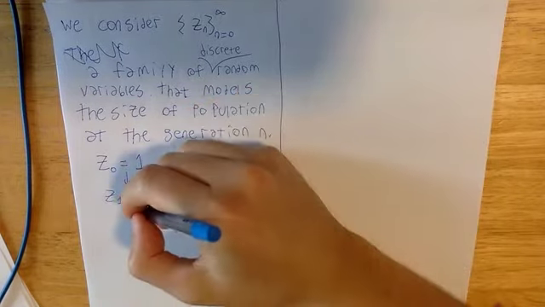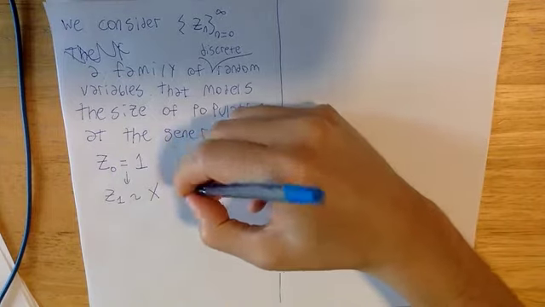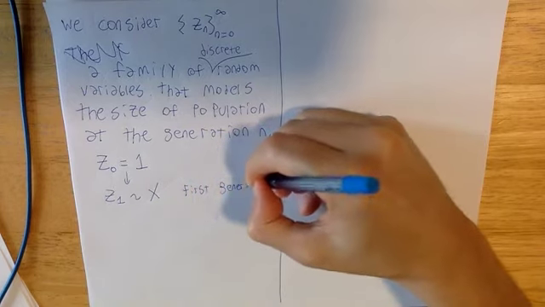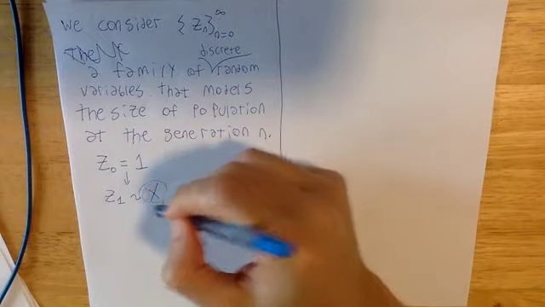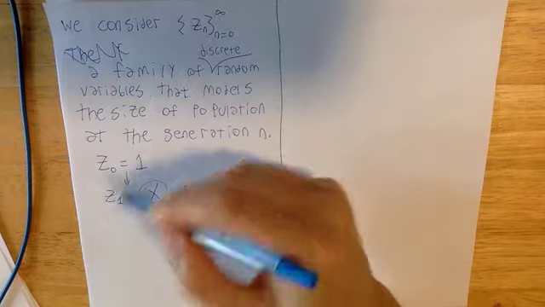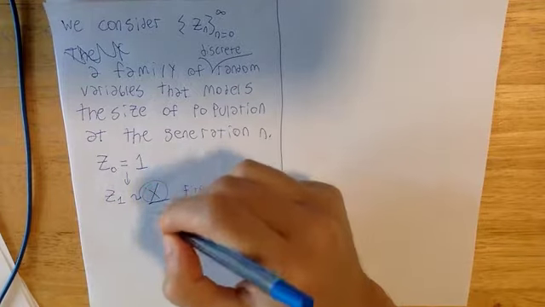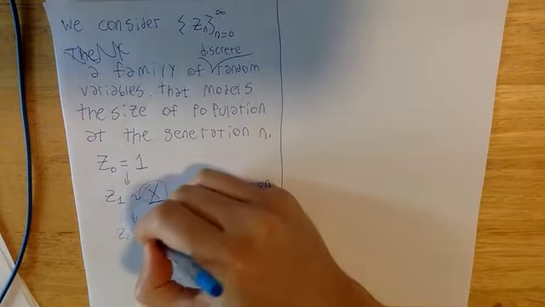Okay, and then Z2, so this is the first generation, and then here now you have X children, where X is a random thing, and so now you can start thinking, okay, how many children can this have? Well, it depends how many children you had at the beginning, and then you keep going, and then this process becomes Z2 and so on.